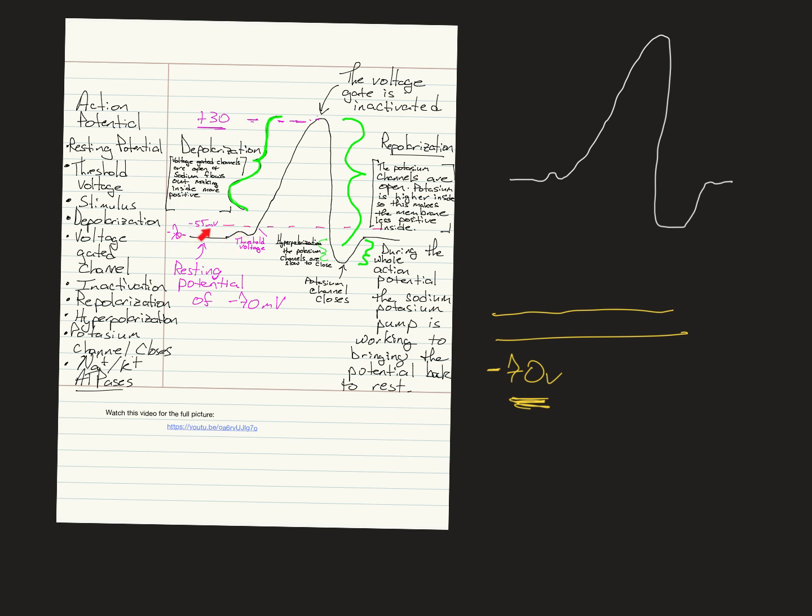The threshold value where you get the action potential going, where you get enough ions to flow through the membrane that you change this potential significantly enough that the voltage gated channels all open, is negative 55. So then maybe it takes 50 or 100 of these proteins to be set off, whatever it is. Once you reach that threshold, it's gone.